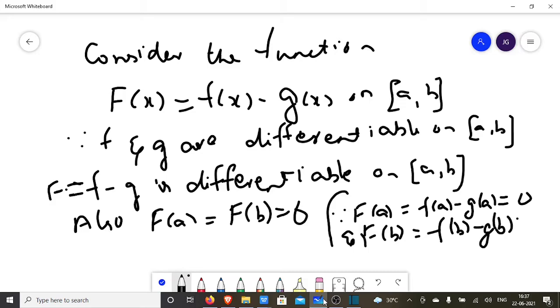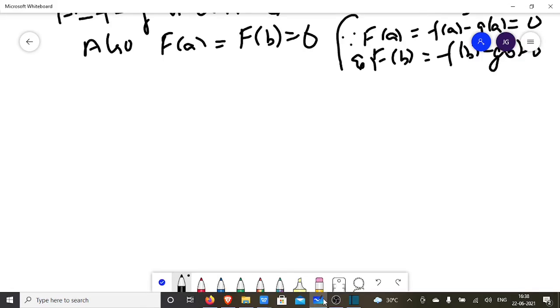This is also equal to 0, given that f of x equal to g of x at the endpoints of the closed interval [a, b].